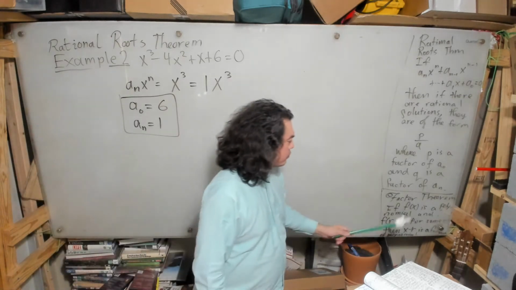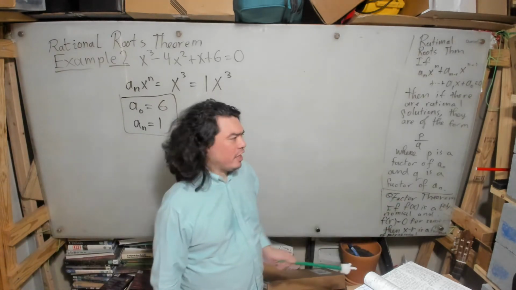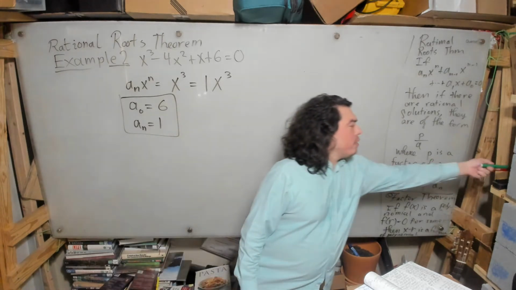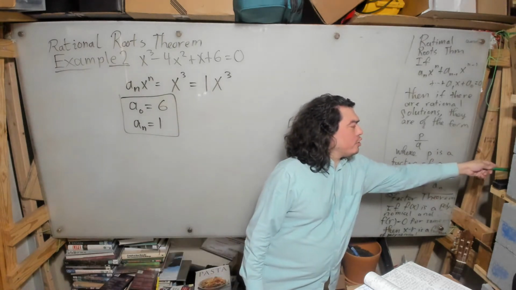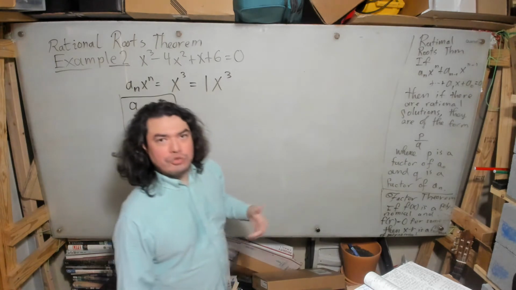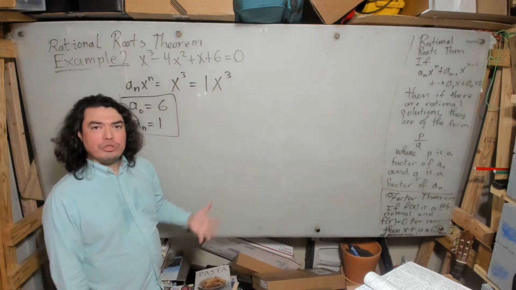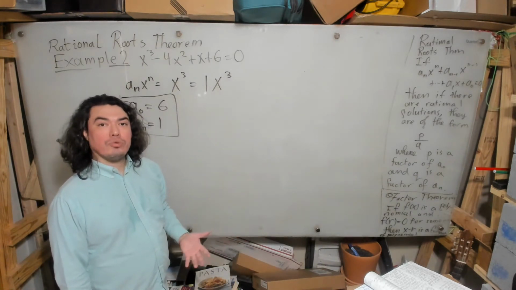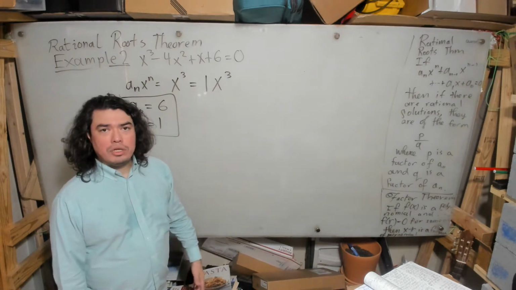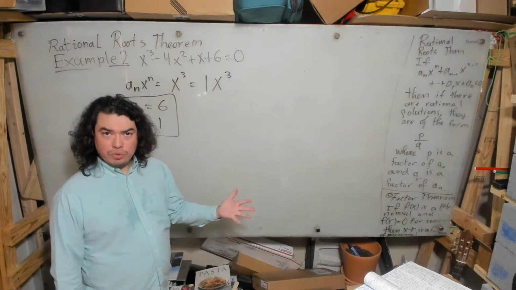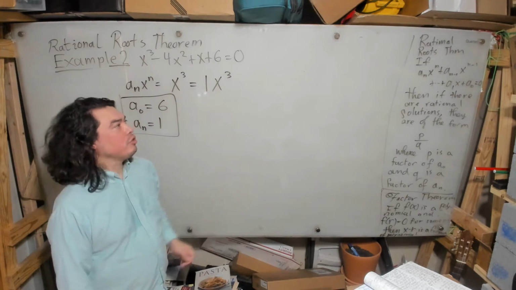We're going to look at the factor theorem's implication in this problem later. But the most important thing now is the rational roots theorem, because we're going to construct our p's, construct our q's, and then list our possible rational roots, and then figure out which of those possible rational roots, if any, are solutions to this equation.